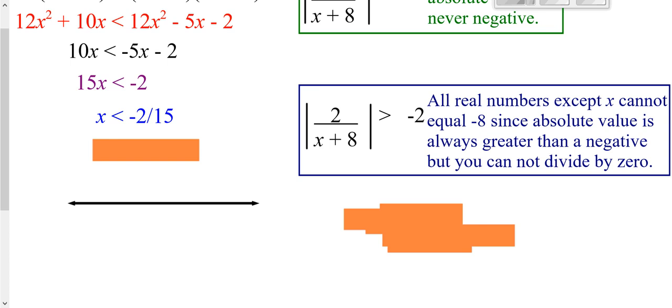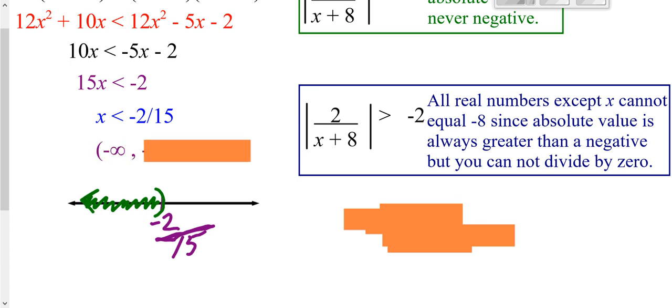So I'm going to go ahead and put negative 2/15 down. And I want less than, so that's going to be over here. There's no equal to, so that's curved. So I'm coming from negative infinity, which is always curved, coming up to negative 2/15, which is curved.